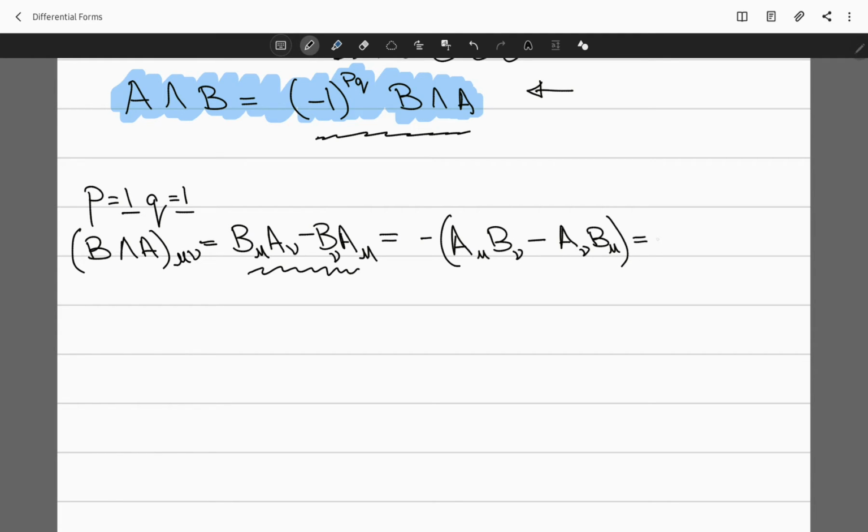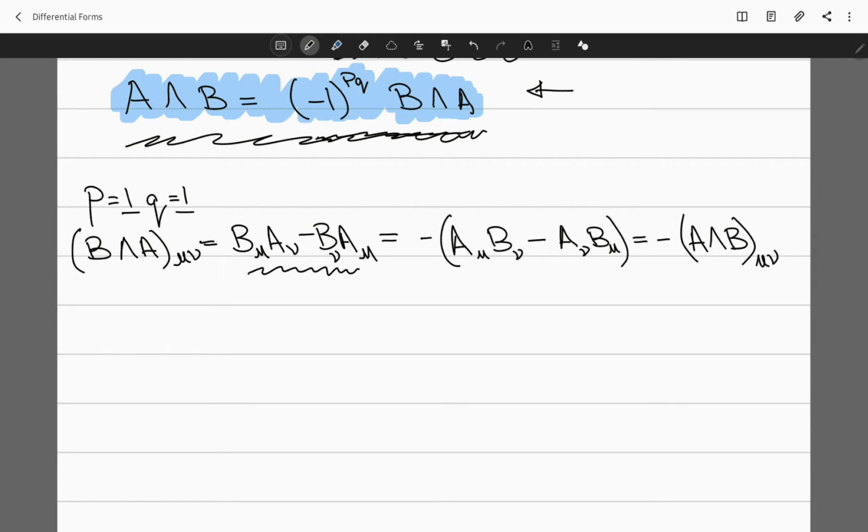And this is simply equal to negative, I'm calling this wedge product, A wedge B mu nu. And so then you can see that this relation over here is satisfied.